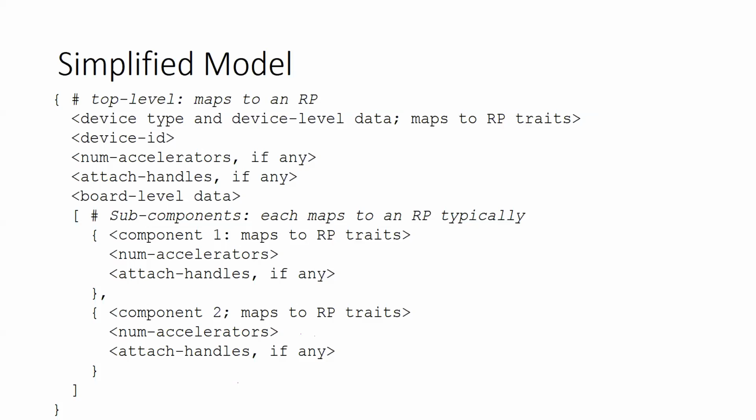So the top level is a resource provider which is nested within the compute node, and we can use these properties to figure out the traits to use. For example, things like device model and all of the things which we had in the specs. All of that becomes information at this level of the structure.